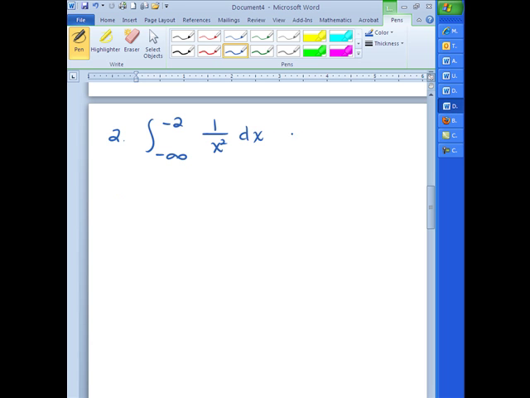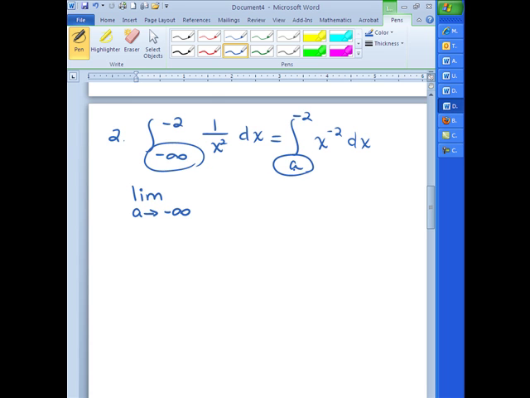Remember, this is the same as the integral from, and let's make this from a to negative 2 of x to the negative 2 dx. And so when we take the integral, we're going to have to take the limit as a goes to negative infinity, because we replace negative infinity with a.